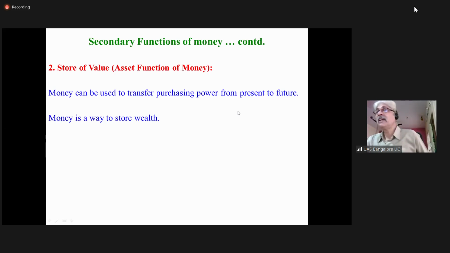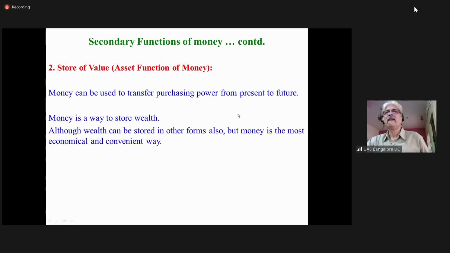Money is a way to store wealth that we know. Although wealth can be stored in other forms also, you can store in the form of commodities, maybe gold, and so on. But money is the most economical and convenient way.